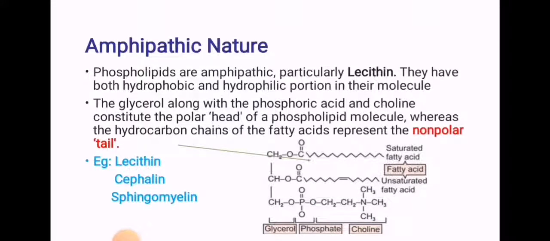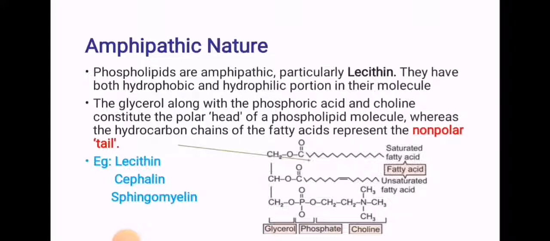So the most important character is the amphipathic nature of these phospholipids. Phospholipids are amphipathic in nature, particularly lecithin. They have both hydrophobic and hydrophilic portions in their molecule. The glycerol along with the phosphoric acid and choline constitute the polar head of the phospholipid molecule, whereas the hydrocarbon chains of the fatty acids represent the non-polar tails.